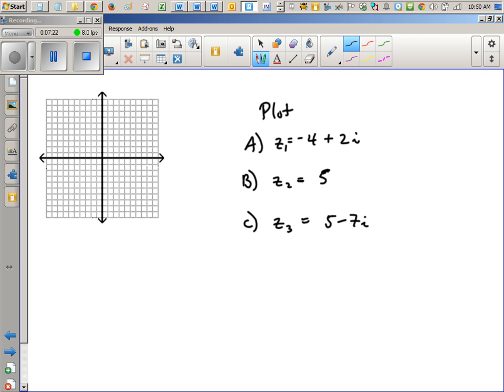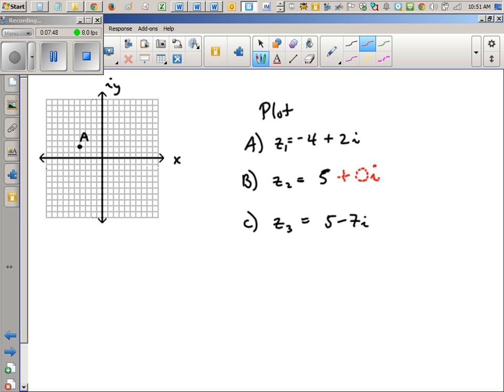Okay, with the understanding that this is actually an iy axis and this is an x axis, you should have your first point at -4, 2. How do you plot the point Z2? There's no i mentioned, so I guess we would just assume it's like a plus 0i here, right?